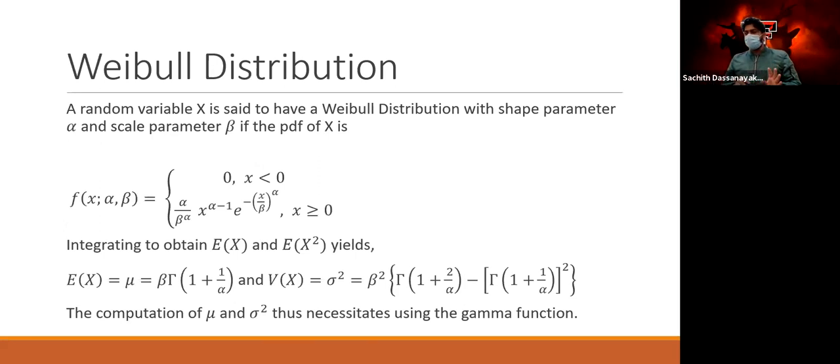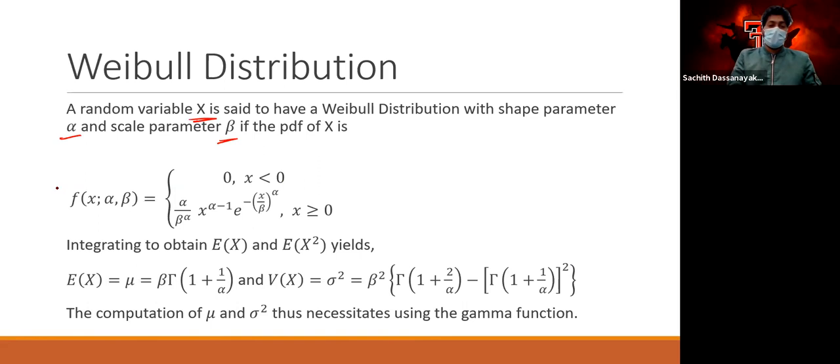Okay, this is not in this section. We don't discuss something in the gamma family. This is not the gamma family. This is something else, not belonging to any family. So, Weibull distribution. If X has a Weibull distribution with parameters alpha and beta, here we have 2 parameters, alpha and beta.